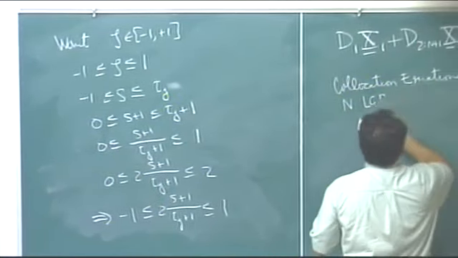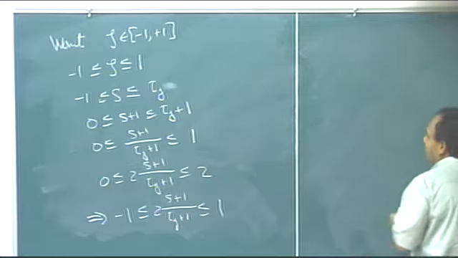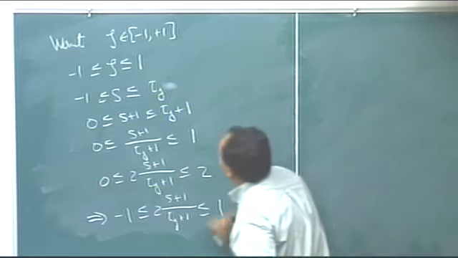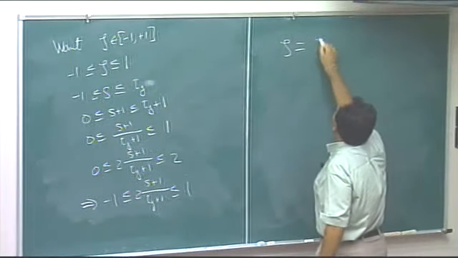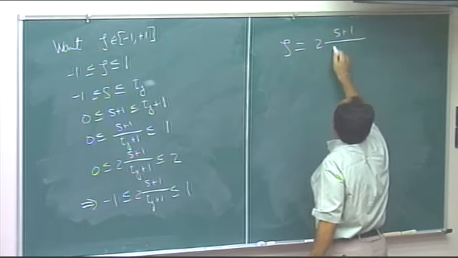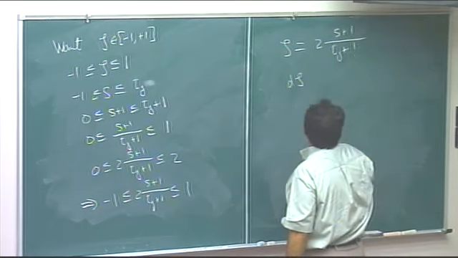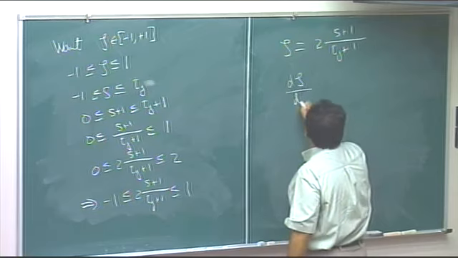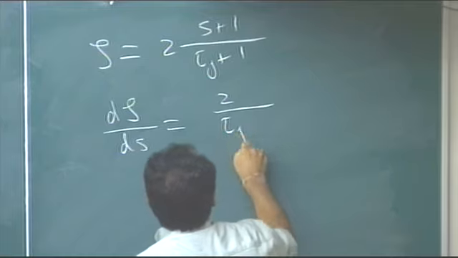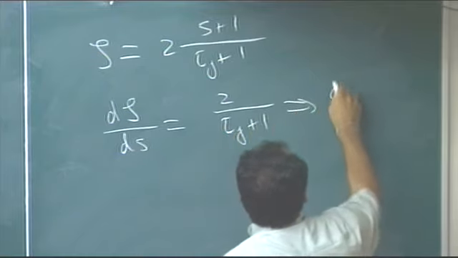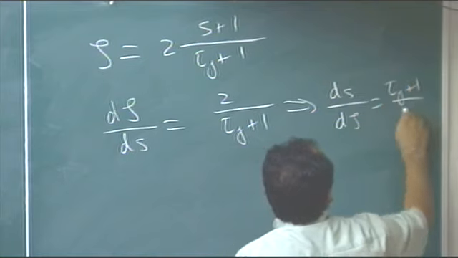OK, so now, you could see that if I use that transformation, because that gets me on the interval -1 to 1. So zeta is equal to 2 times s plus 1 over tau j plus 1, which says that d zeta ds is equal to 2 over tau j plus 1, which says that ds d zeta is equal to tau j plus 1 over 2.